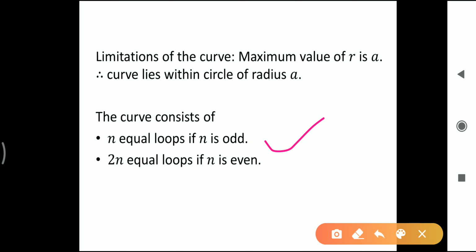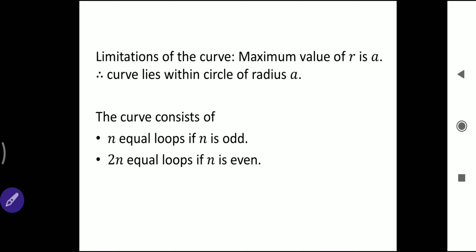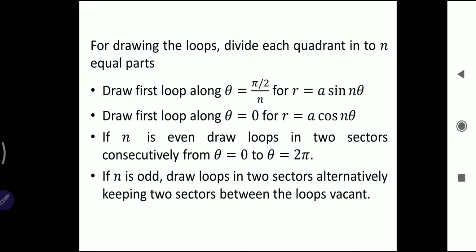If n is even, then we are going to have 2n loops. So remember, for odd you are going to have exactly the same number of loops. If n is even, then we are going to have double loops in the diagram. So this kind of loop we are going to get in a rose curve.